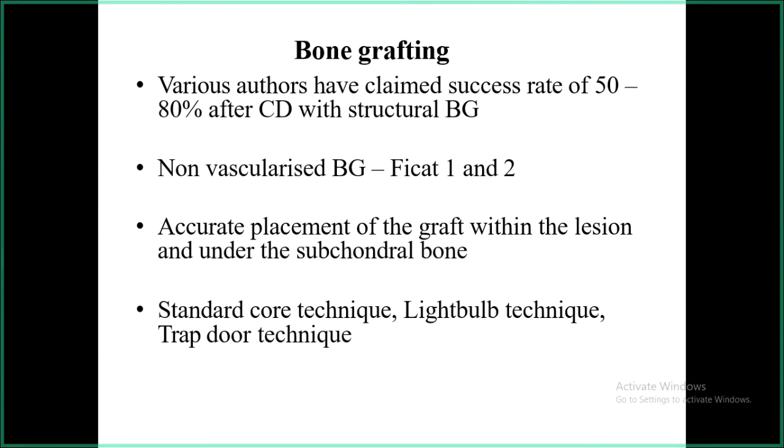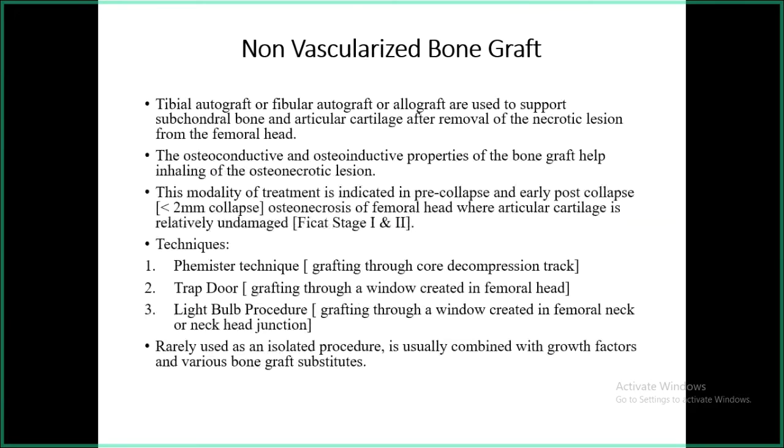Bone grafting. Various authors have claimed success rates up to 50 to 80% after core decompression with structural bone graft. Non-vascularized bone graft can be used in Ficat-Arlet grade 1 or grade 2. Accurate placement of the graft within the lesion and under the subchondral bone is of utmost importance. Standard core technique, light bulb technique, or trapdoor mechanism can be used.